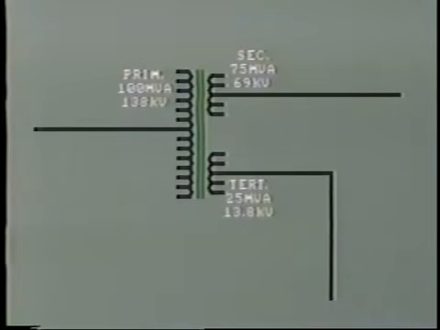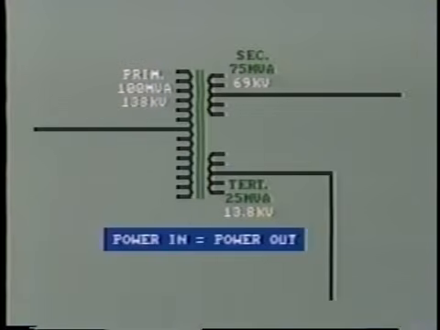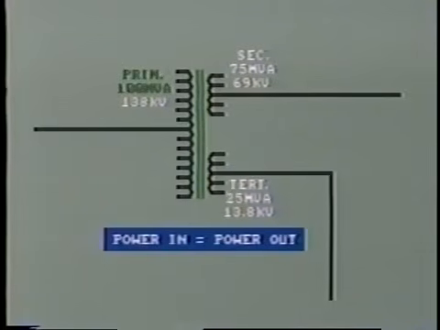And each of these windings may be connected in Y or delta. You will recall from basic transformer theory that power in equals power out in an ideal transformer. Therefore, the sum of the secondary and tertiary MVA equals the primary MVA.